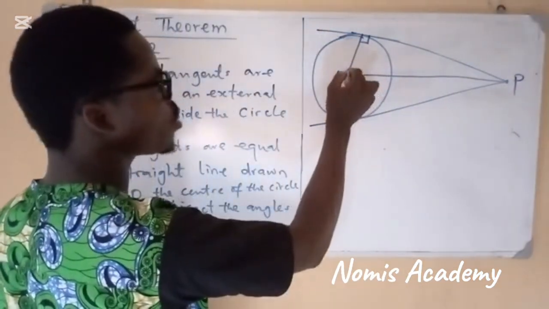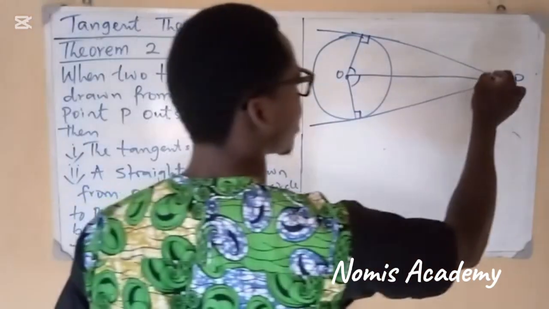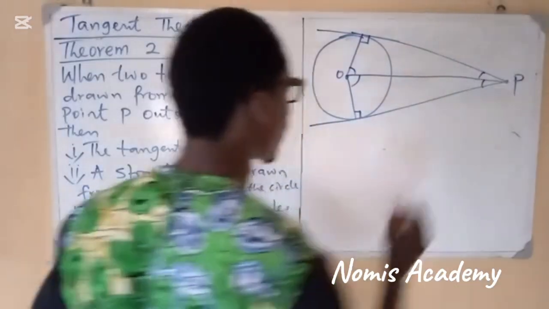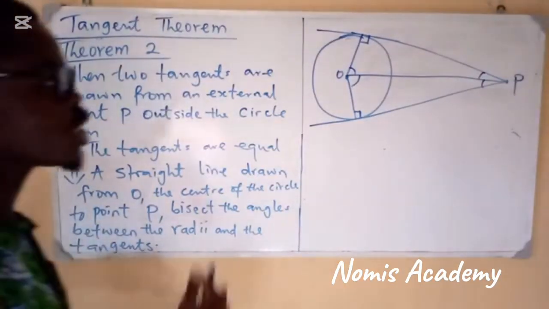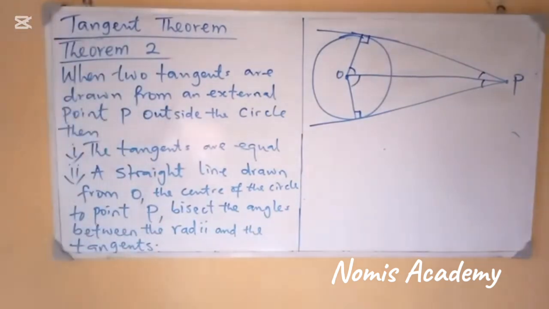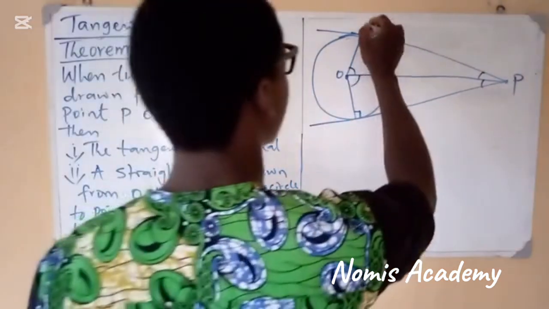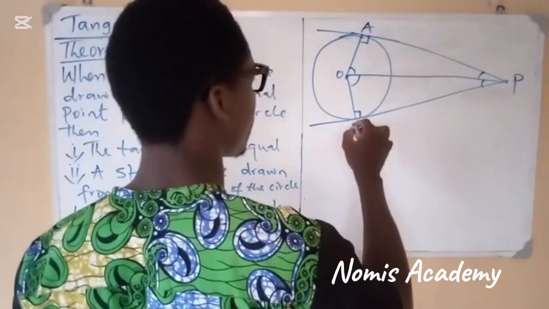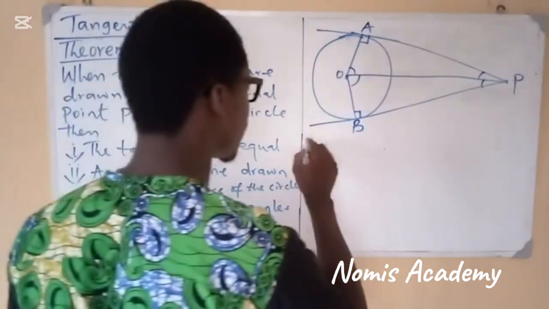The angles between these two radii are bisected and they are equal. When you say something bisects, it means that the angles are shared into two equal parts. Okay? So let's call this point A and here point B. Okay, let's start with the proof given.